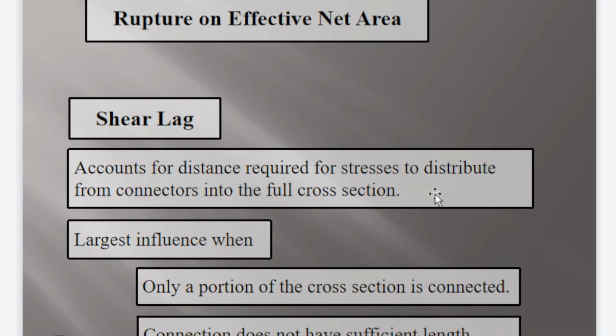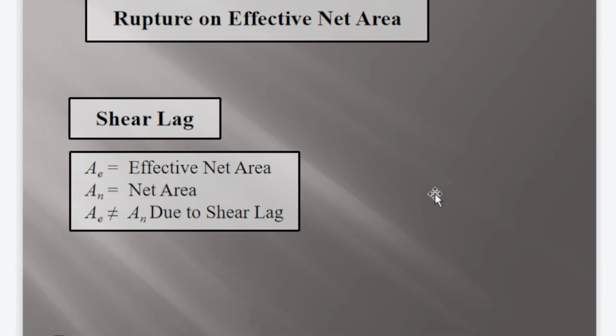Because of this theory, we have the concept of shear lag, wherein we define Ae, effective net area, and An, net area, and Ae is not always equal to An due to shear lag.